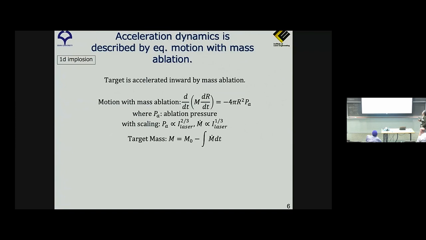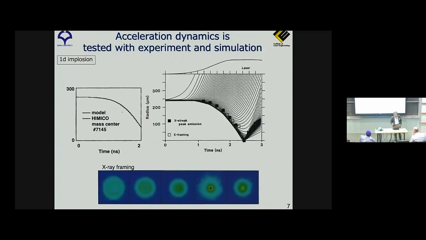The pressure and mass ablation rate are very well known, which should be proportional to the laser intensity to the 2/3 and laser intensity to the 1/3. And this model surprisingly well predicts the implosion dynamics.